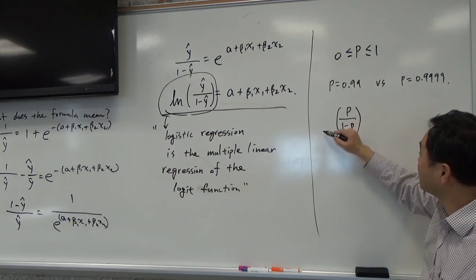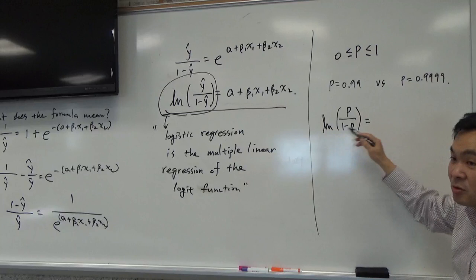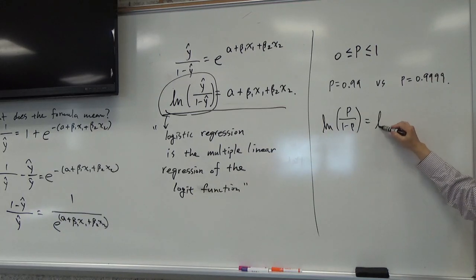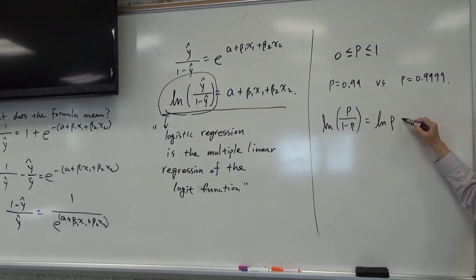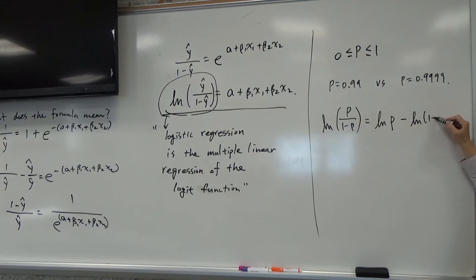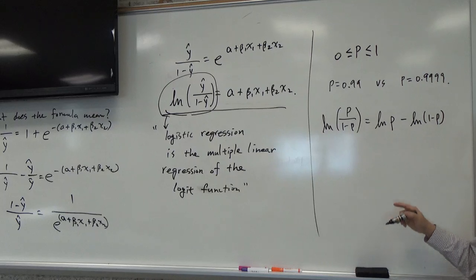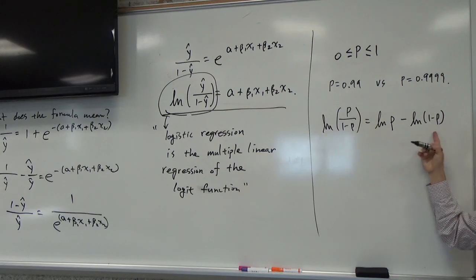with the ln. Let's see what this does. If you do this, then you get ln of p minus ln of 1 minus p. And we can think of the graph of this.